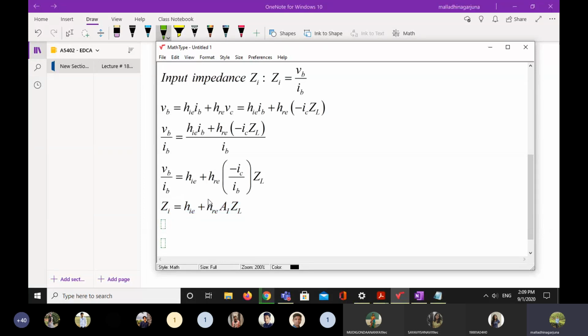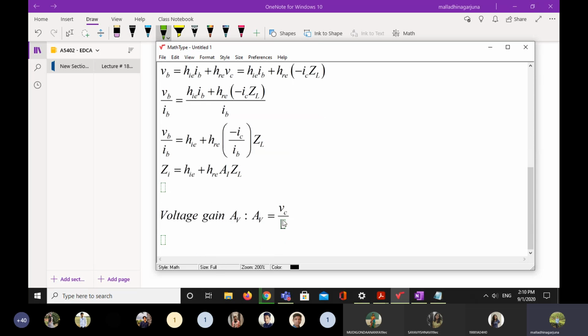Next one is voltage gain, AV. Voltage gain is equal to output voltage by input voltage.